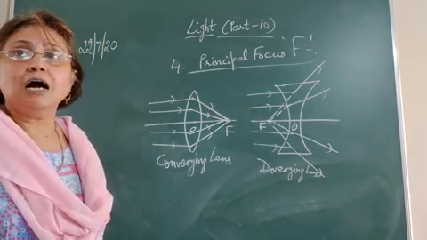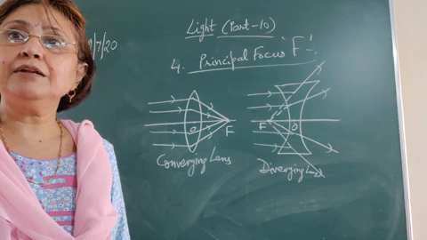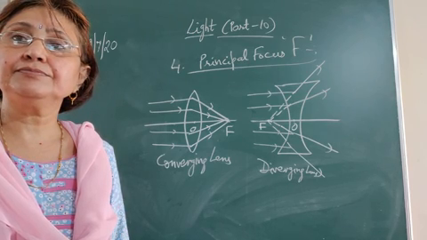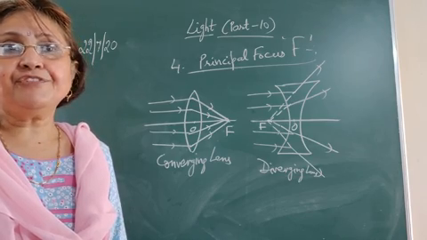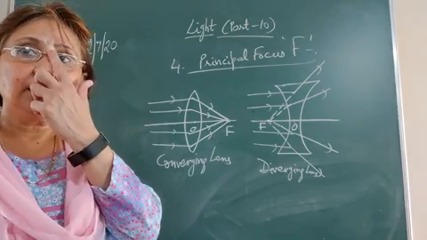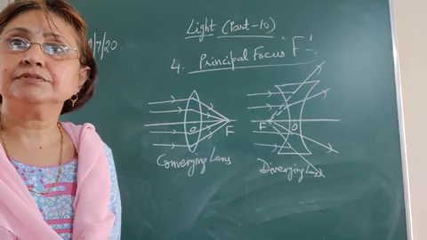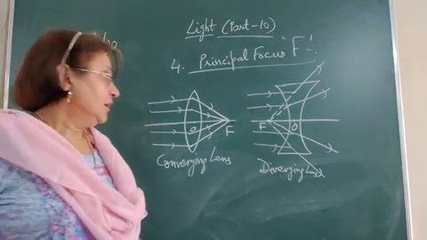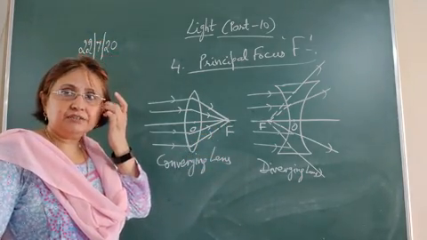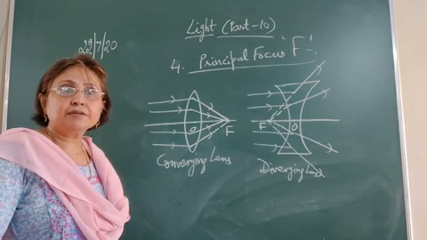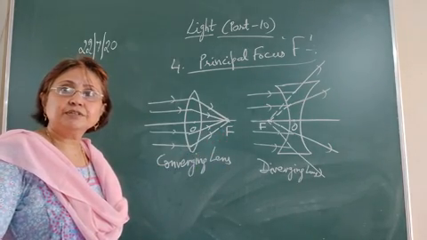Write down: a parallel beam of incident light after refraction either actually meets at a point on the principal axis.